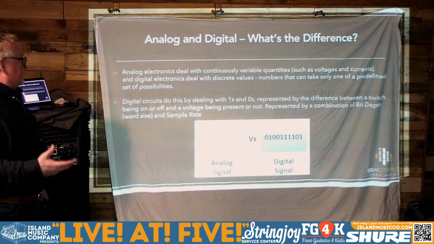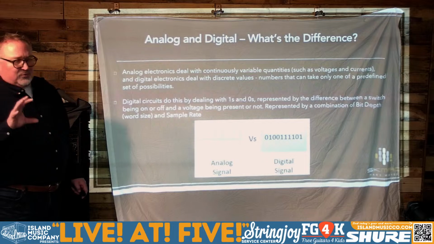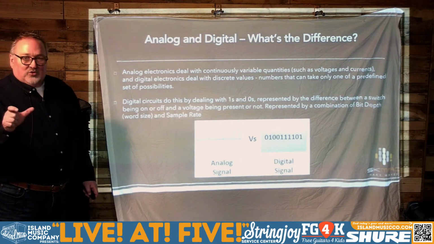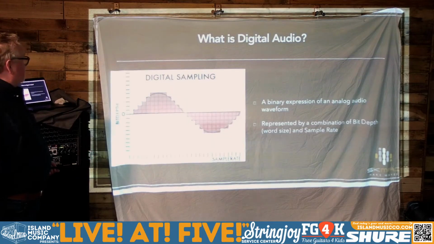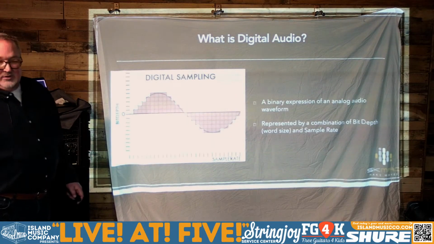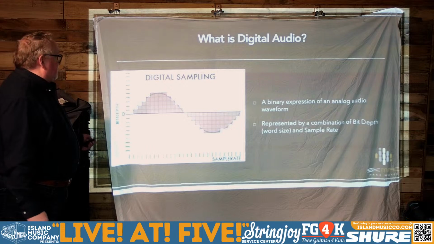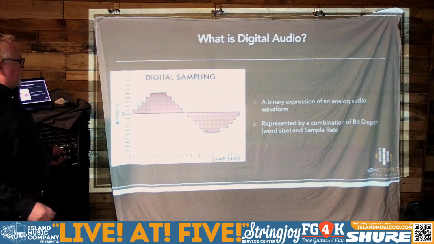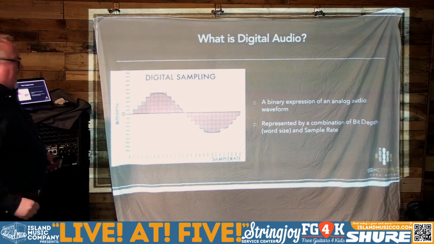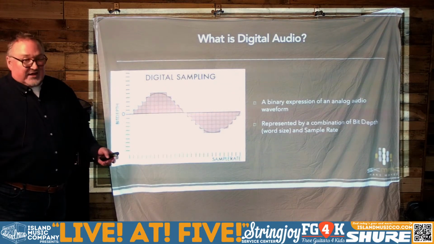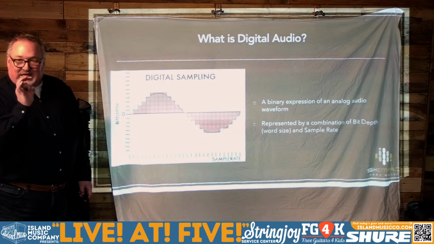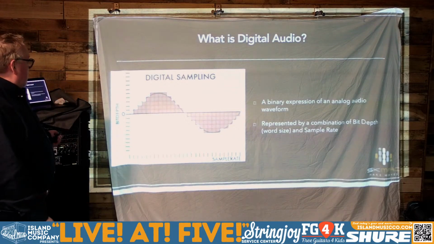There are a lot of things we need to worry about with regards to the ones and zeros. Most importantly is going to be our sample rate, and a sample rate is basically represented by bit depth and a sample rate, how many samples per second it's going to take of that signal when we turn it into a 1 or a 0.